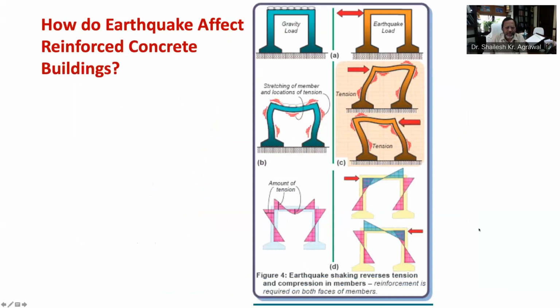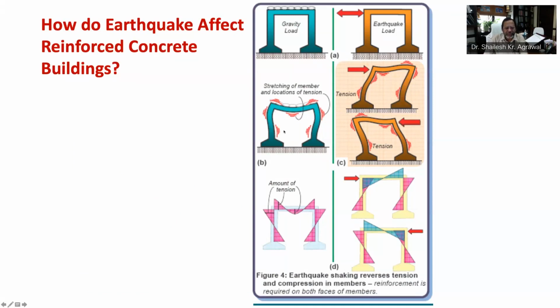Now you can see this figure 4, which tells you how horizontal earthquake effects are different from gravity loads, that is, vertical load. As you know, gravity load is due to self-weight and contents of the building. It causes the RC frame to bend, resulting in stretching and shortening in various locations.